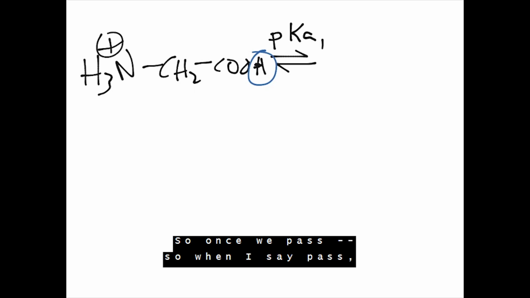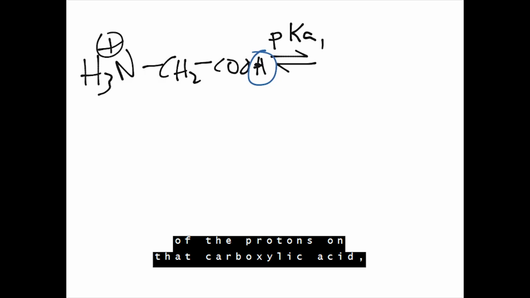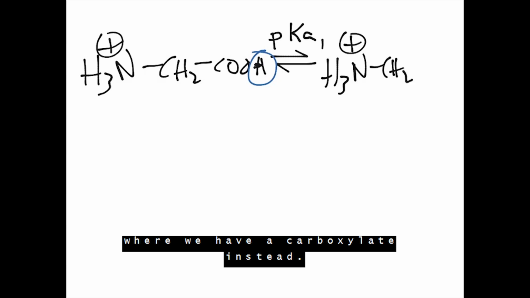So when I say pass, think about your titration curves. Once the pH is greater than 2.34, we've started losing most of the protons on that carboxylic acid. And our structure now looks like this, where we have a carboxylate instead.